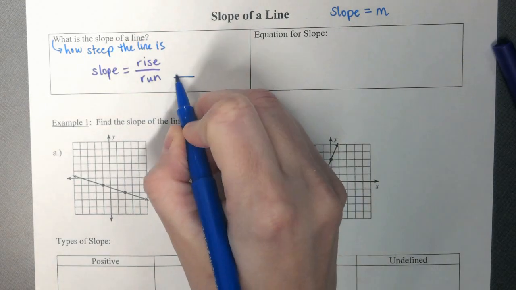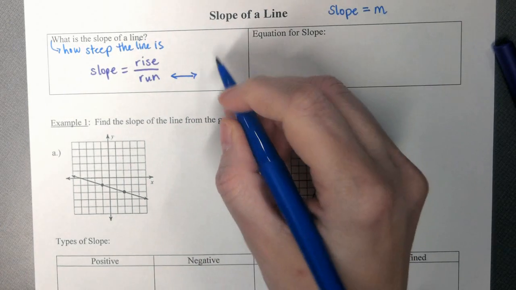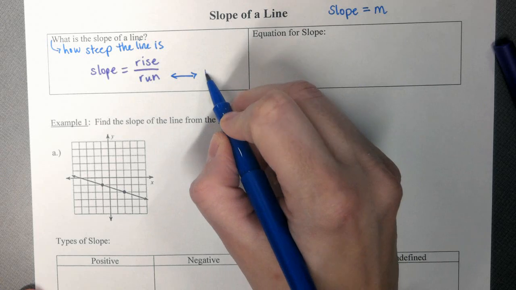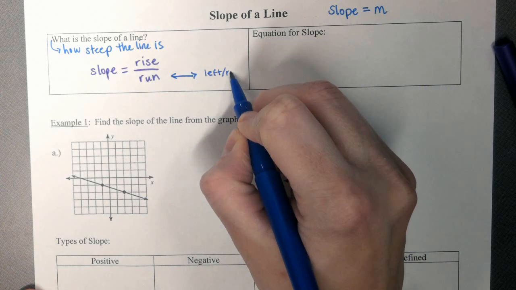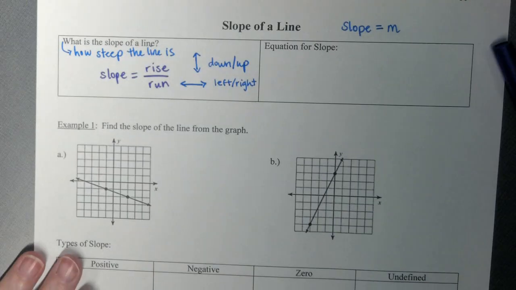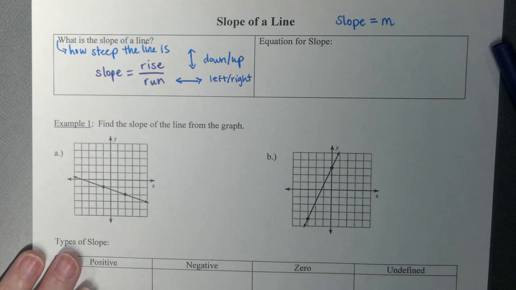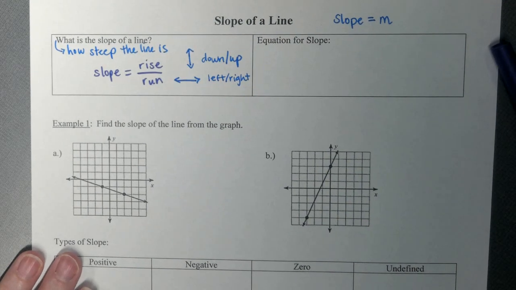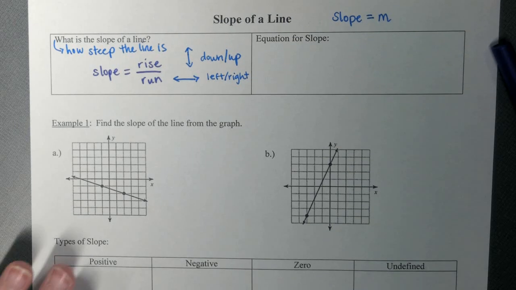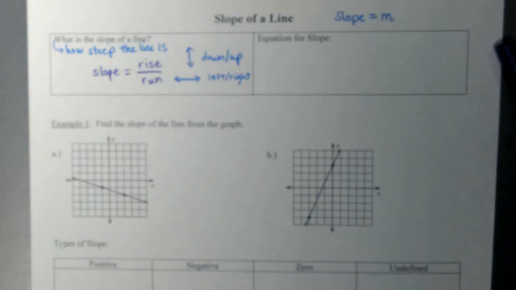So the run is when you're going left or right, and the rise is whether you're going down or up.